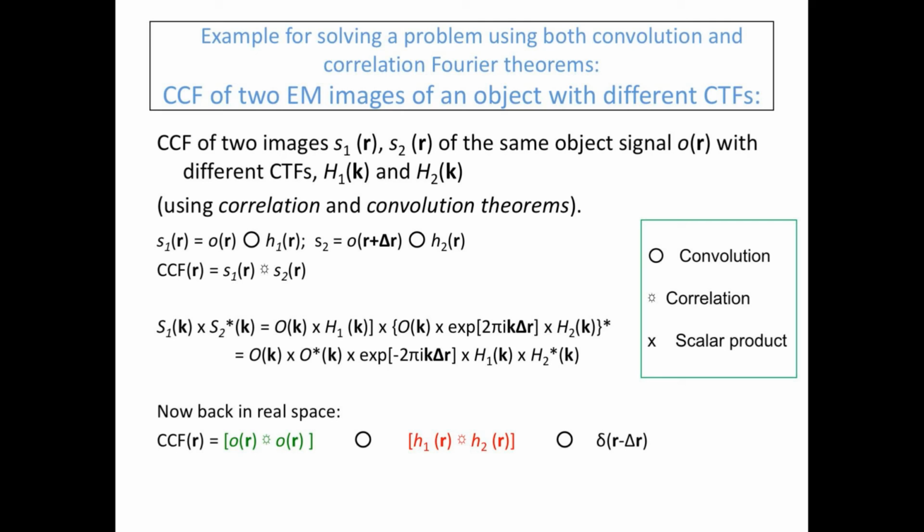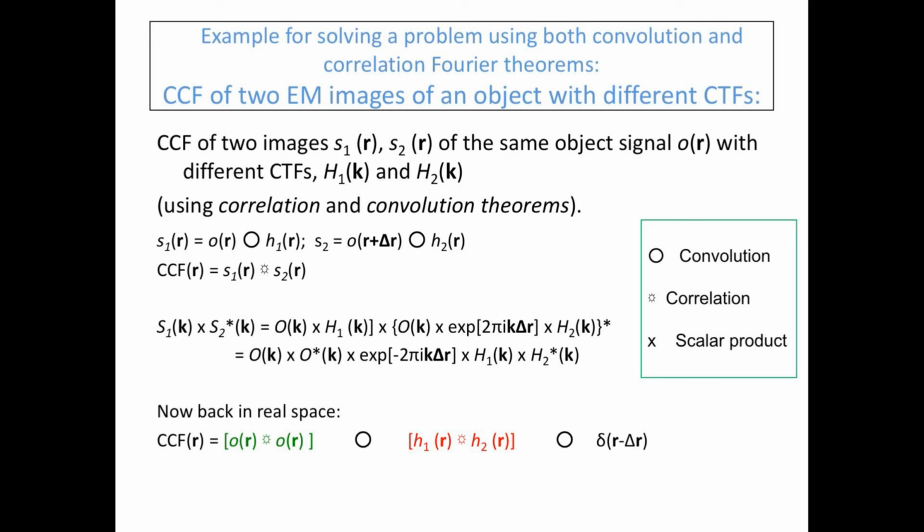Depending on whether the point spread function is very close to the other one, we might get a pretty nice cross-correlation between the two. If they're very dissimilar, because the defocus is very different, then it might be a very extended blurry function. And that is shifted by the vector that we were looking for.